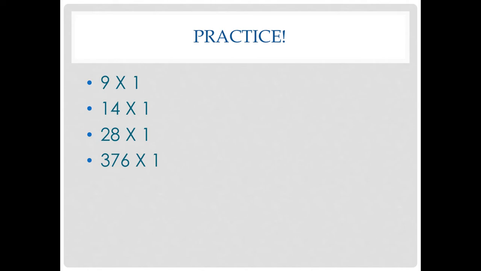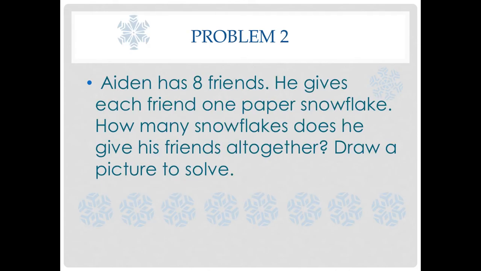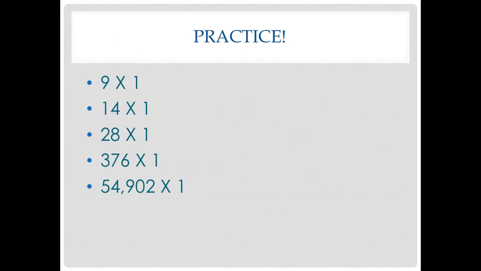If you had 376 friends and you gave each one an apple, you would have to buy 376 apples. And if you had 54,902 friends, it's a lot of friends, and you gave each one of them 1 marshmallow, you would have to buy 54,902 marshmallows. 1 times anything, the product will be the number that you're multiplying by.